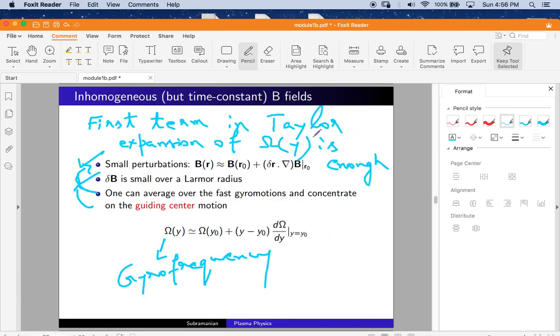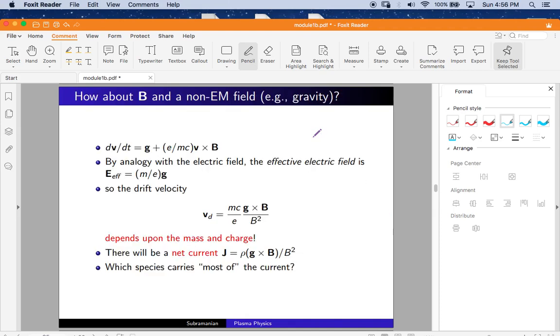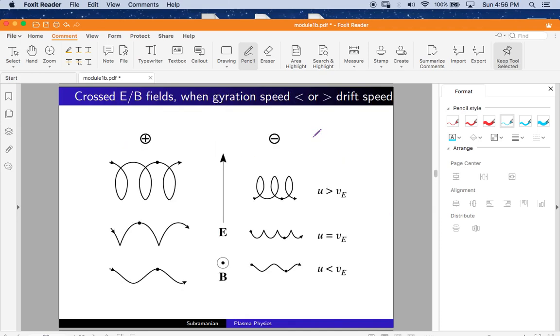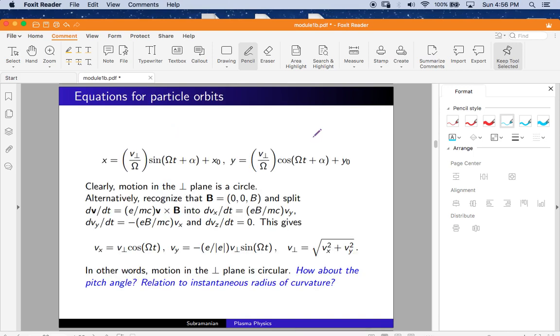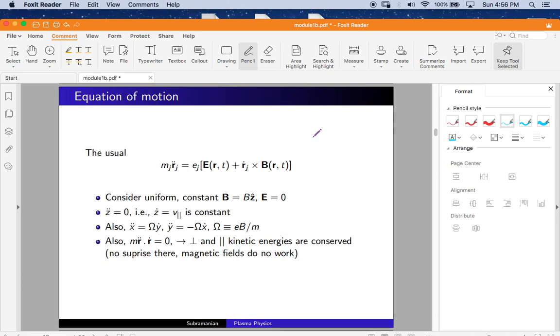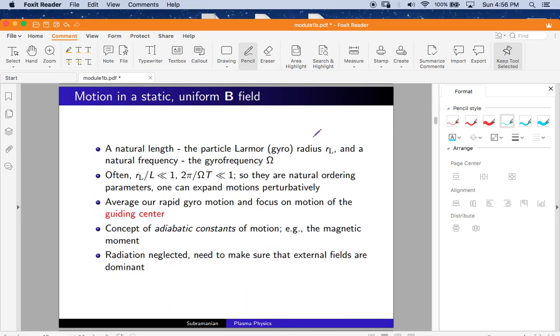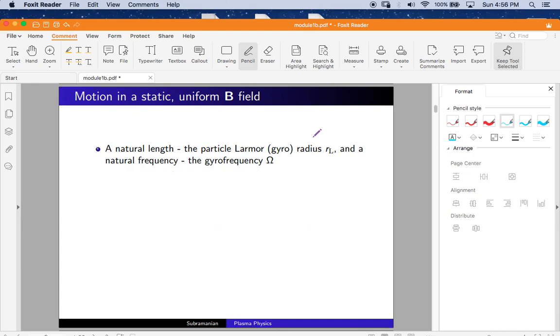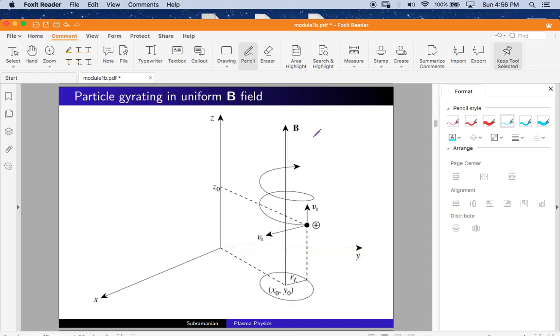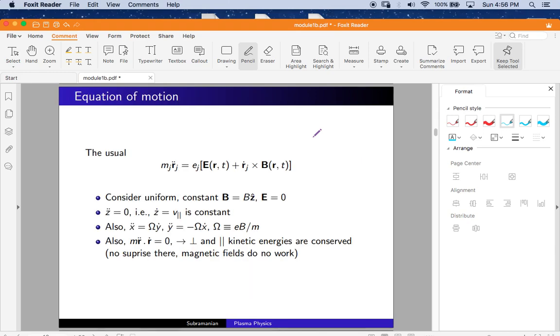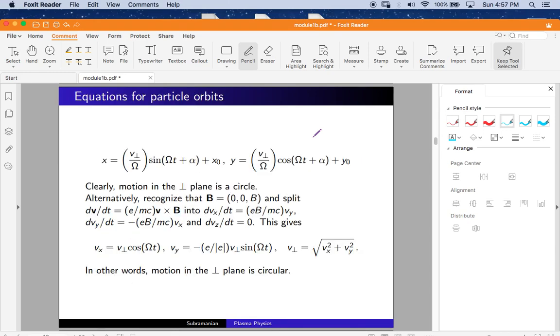Do I have that equation mentioned anywhere? The actual equation for the Larmor radius. I've been sort of assuming that you know it, and that might well be true, but it's good to write it down. I don't have it mentioned anywhere. How do you get the Larmor radius?